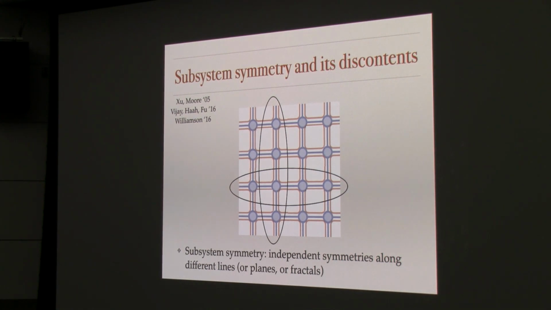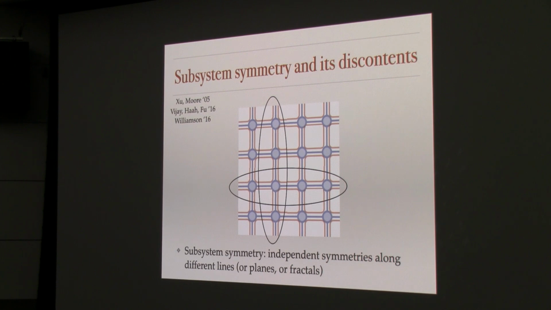Okay. And so to explore these possibilities, one thing that actually turns out to be convenient to do is to think about not just dipole conservation, but a stronger version of that, which is what we call subsystem symmetry. Okay. And subsystem symmetry is something that's cropped up in a variety of contexts.